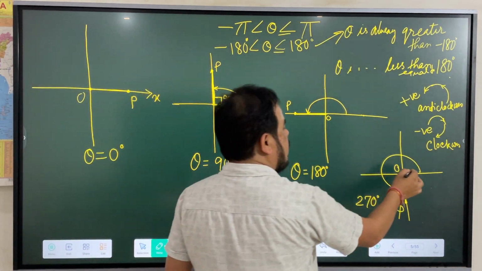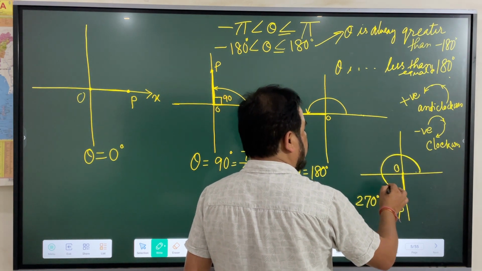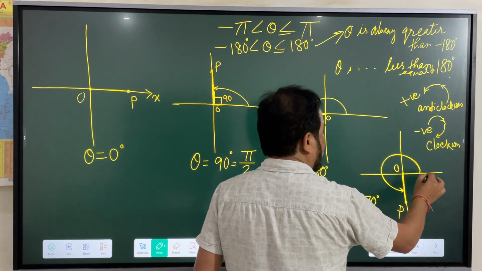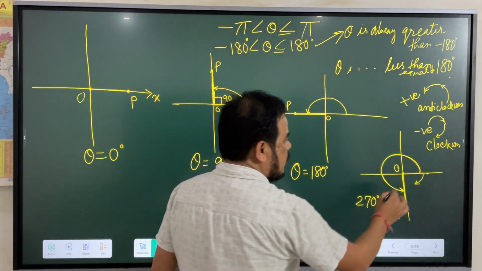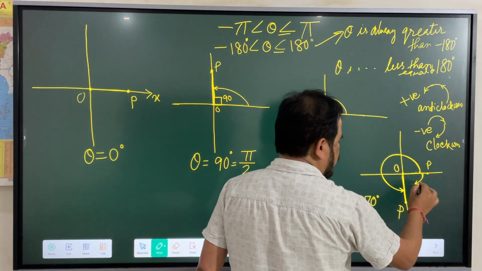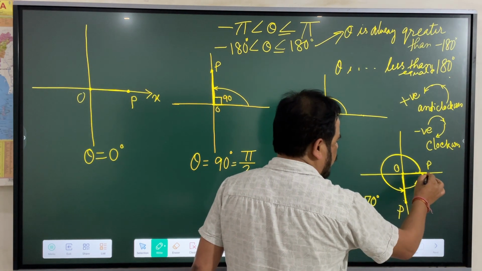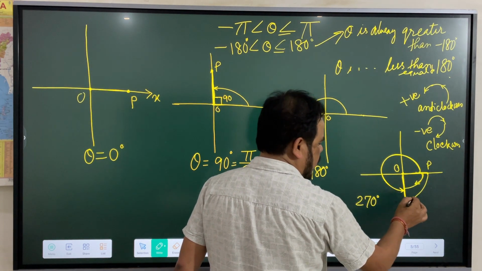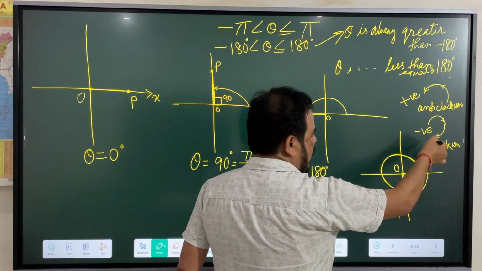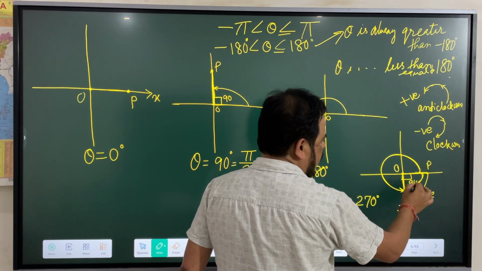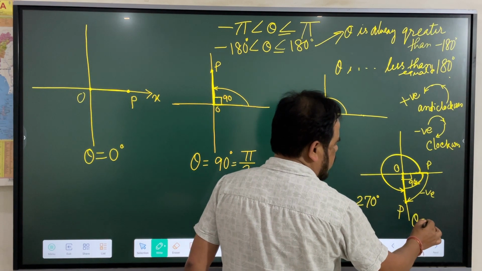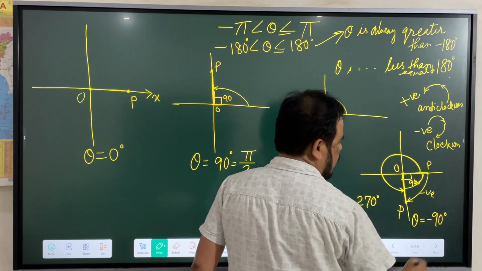That is why this angle will not move this way. This OP will move this way. It has moved clockwise, so it is negative. From here to here is 90 degree only, so theta is equal to minus 90 degree. Remember that.